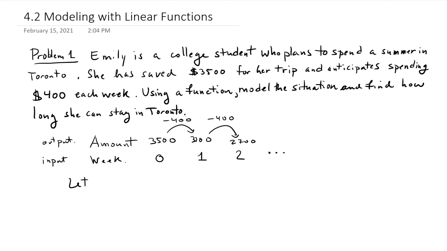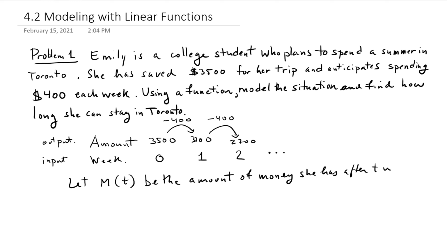I'm going to have to tell the reader how I'm going to call my function, and the input I'm going to call T. So T for time, but time is going to be in weeks. So let M of T be the amount of money she has after T weeks. When you write your solution, I don't want you to assume that I'm going to know what M and T are.